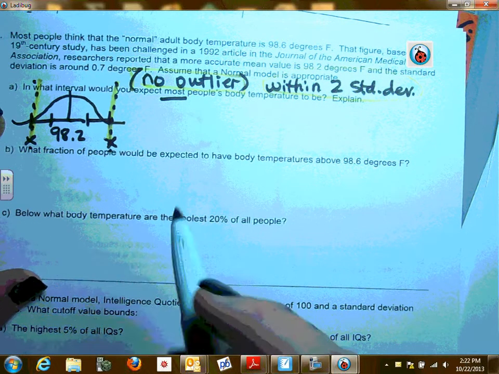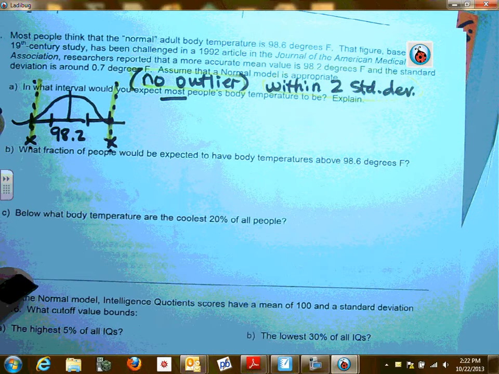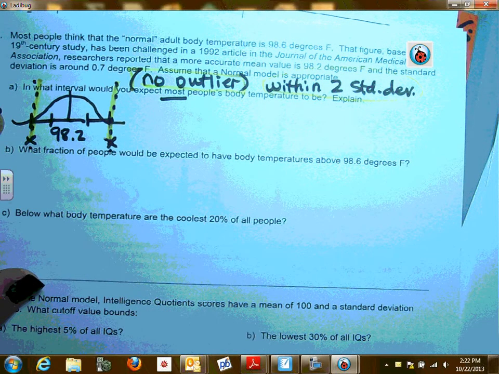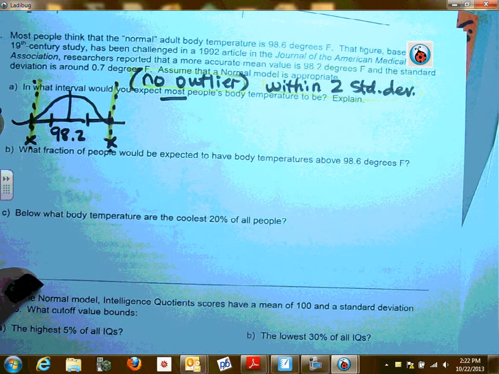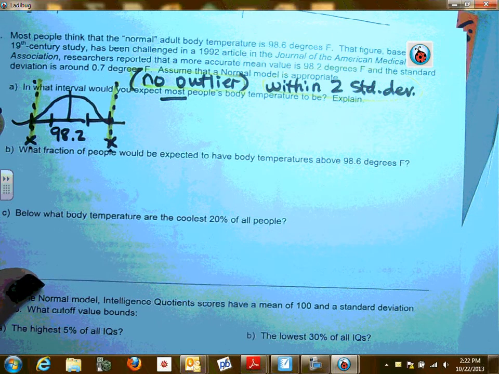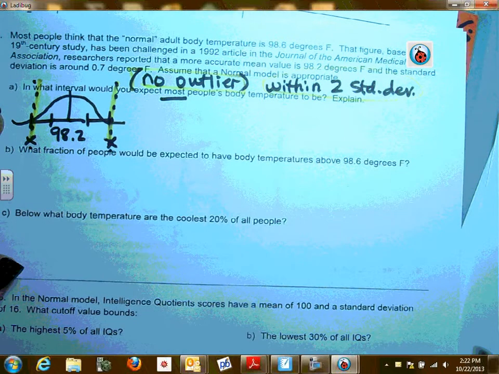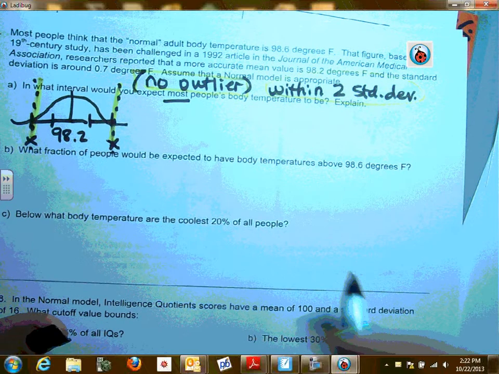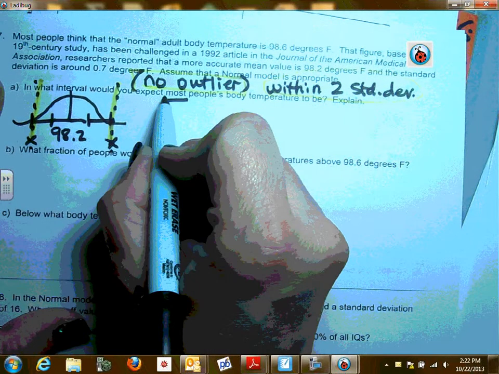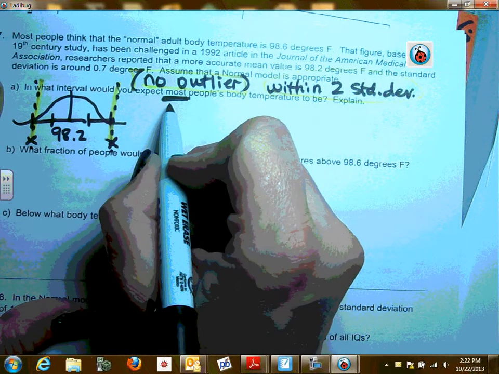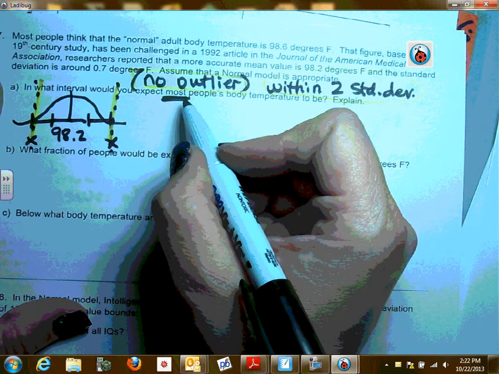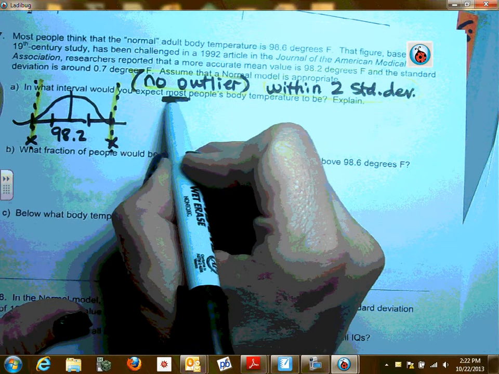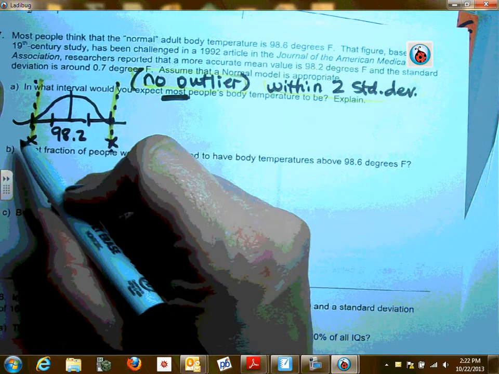Okay, so technically, I understand that the definition of most is more than 50%. But for the purposes of statistics, we kind of define most as those that are not outliers. Okay?